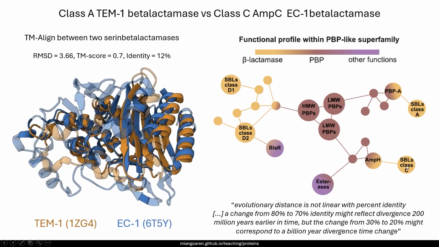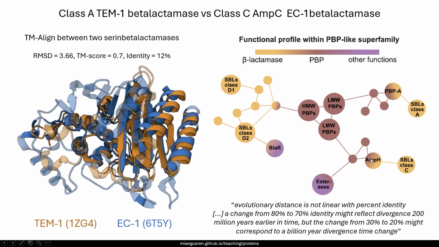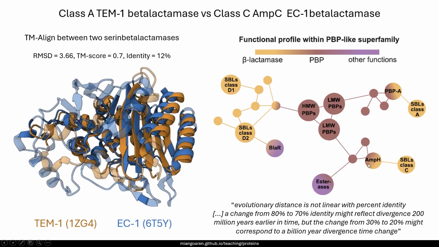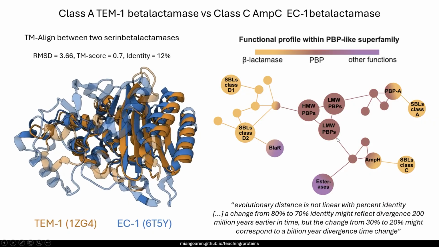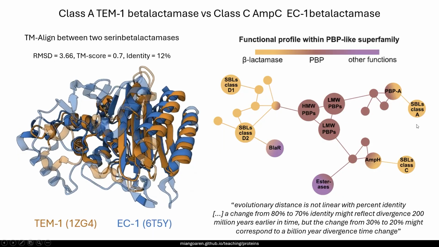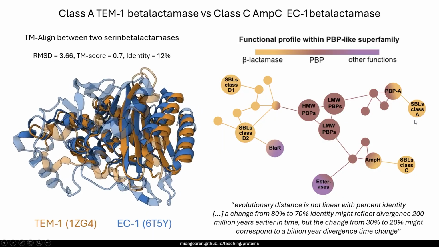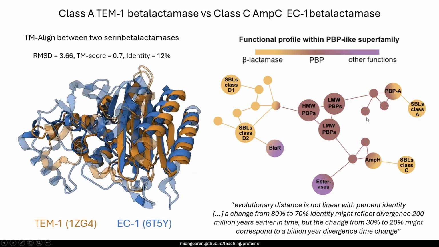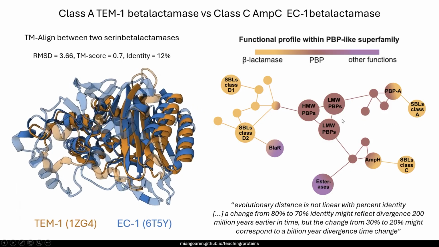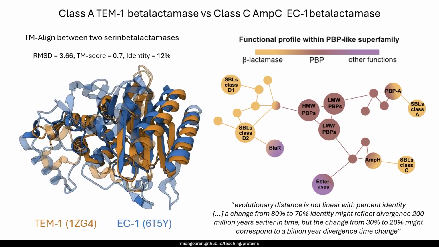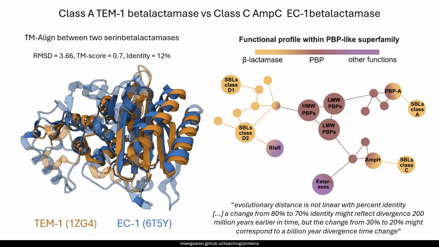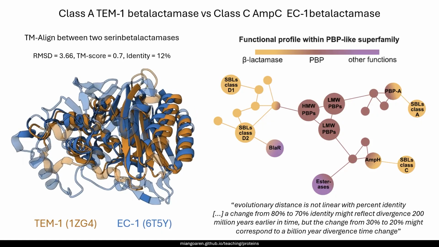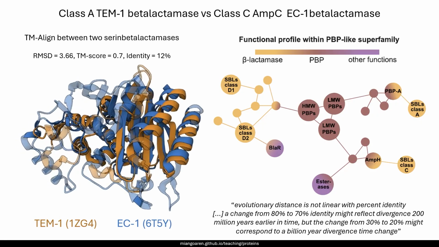Class C beta-lactamases were derived from another evolutionarily related type of protein called AmpH, which in turn was also derived from another type of PBP. So even though they have relatively similar names, class A or class C beta-lactamases, when we look at their evolutionary history it makes a little more sense that they become more dissimilar to each other when we compare them with a PBP, which would be their direct ancestor.